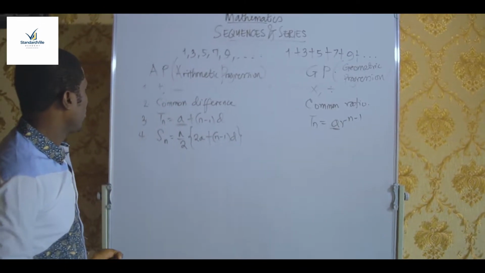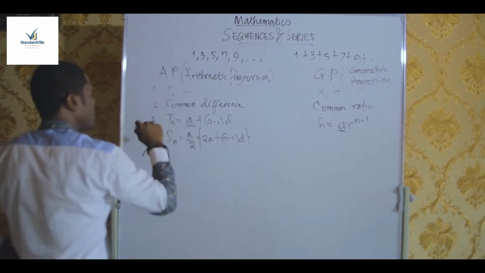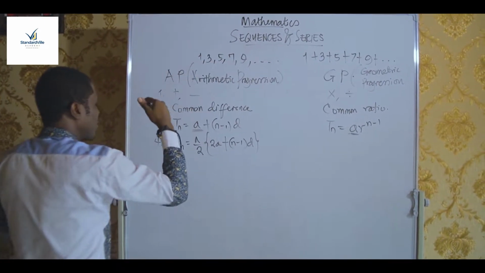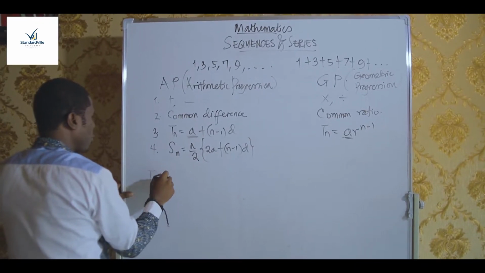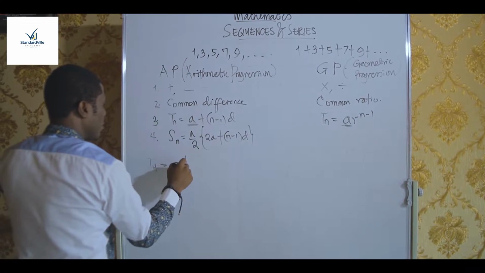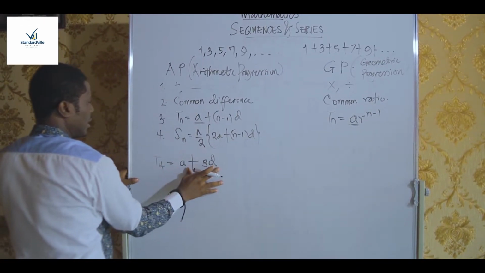Let's say we are asked to find, looking at just 1, 3, 5, 7, what the fourth term will be. T4 from this formula should be a plus 4 minus 1, that is a plus 3d.